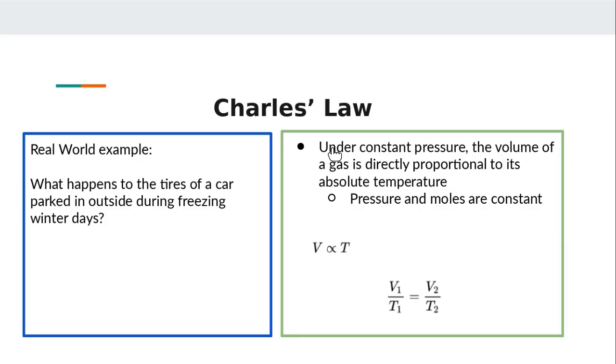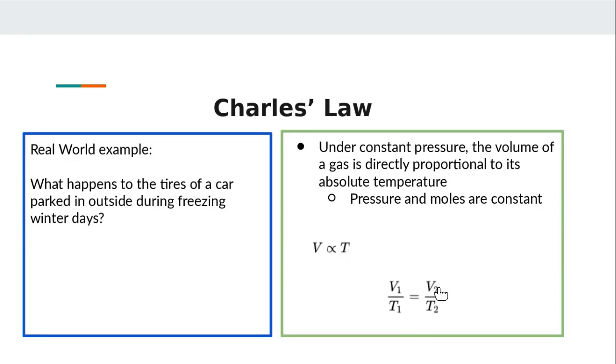So Charles' law basically says that under a constant pressure, if you increase the volume, your temperature is also going to increase. If you decrease the volume, your temperature is going to also decrease. So that's what this law shows us right here. So you have V1 over T1 equals V2 over T2.